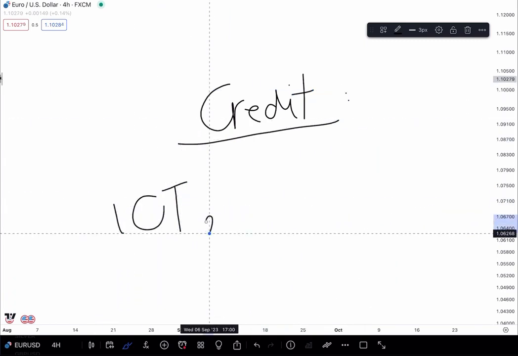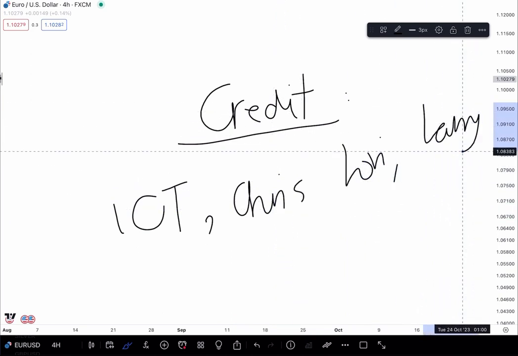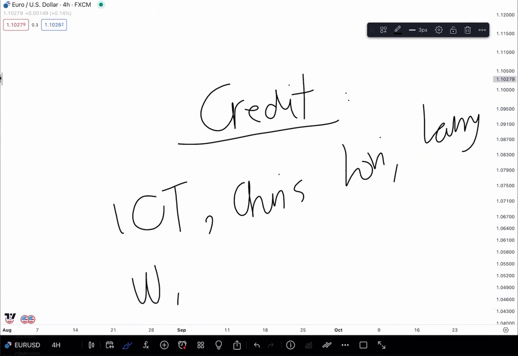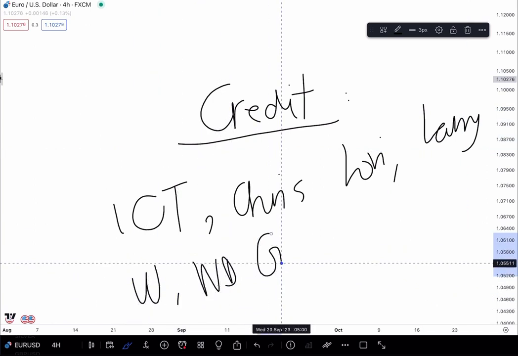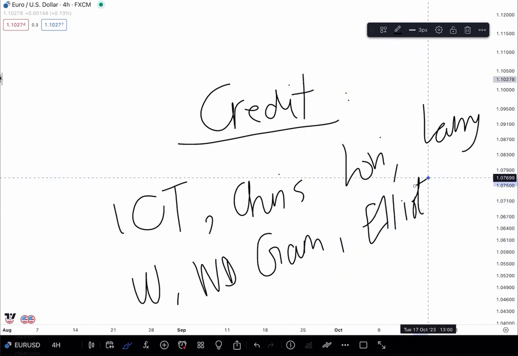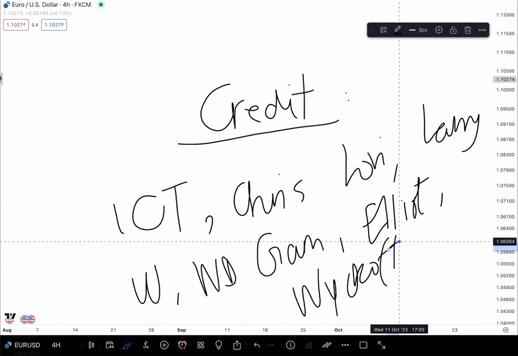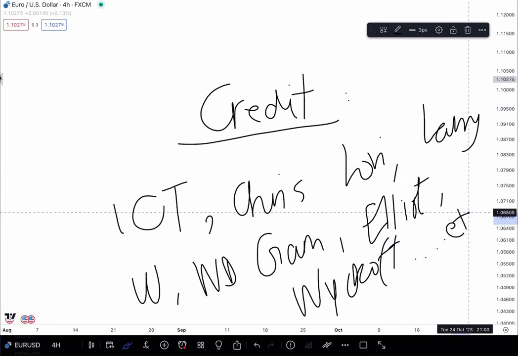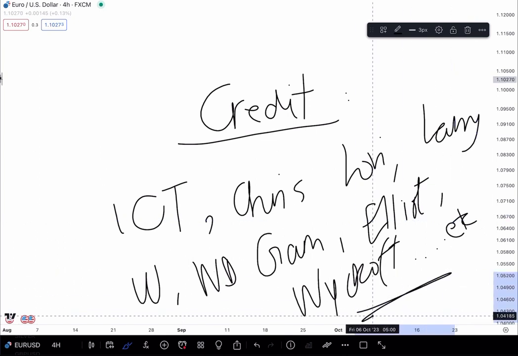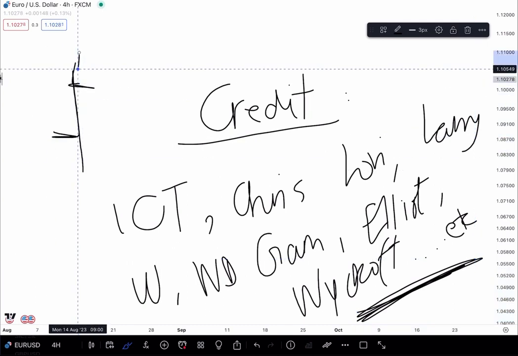ICT, Chris Lori, Larry Williams, W.D. Gann, Elliott, Richard Wyckoff, and whoever else contributed to the accumulation of knowledge of price which we have today.